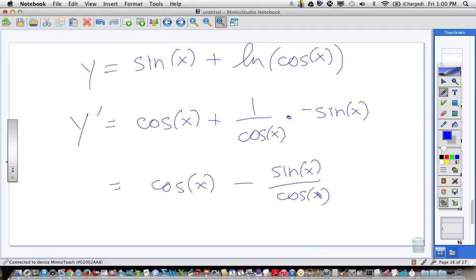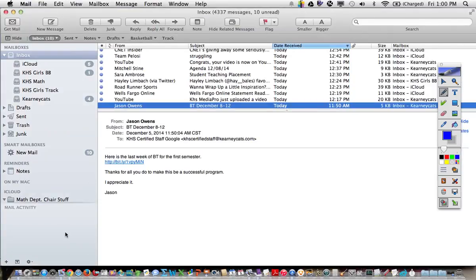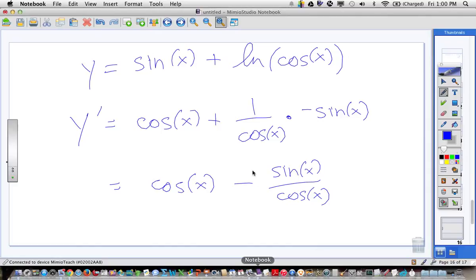I'm going to put the answer up. Don't look if you don't want to yet. Do I want you to do the last step, or do you want to go farther than what I did? Yes, because sine over cosine is tangent.